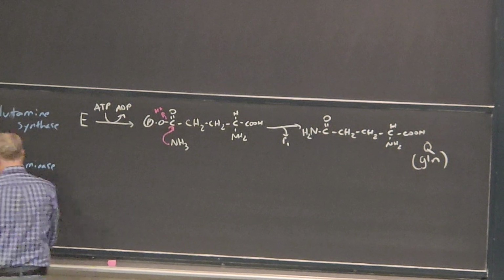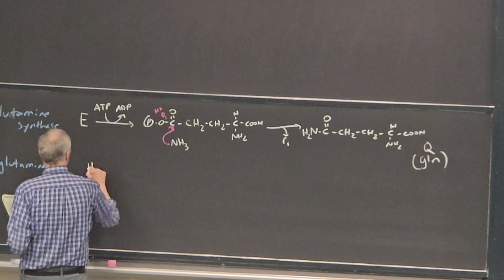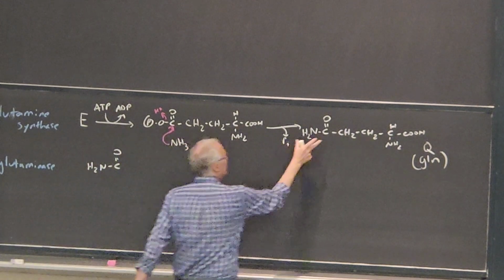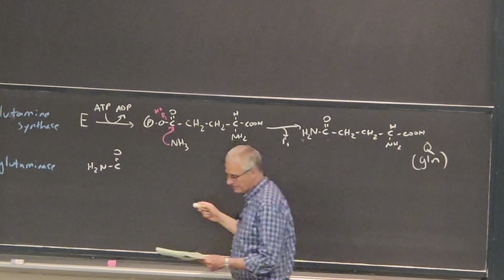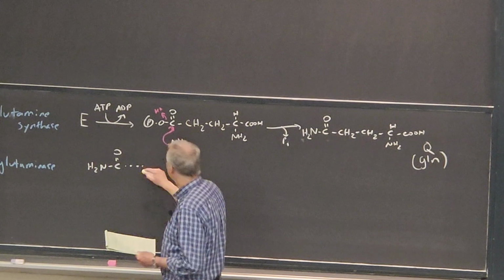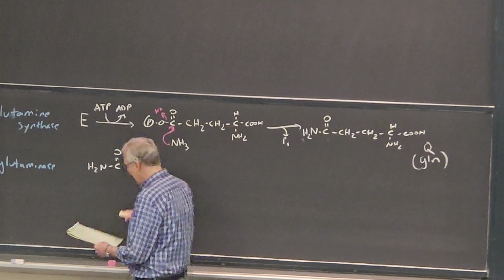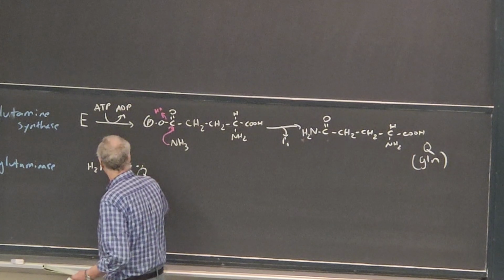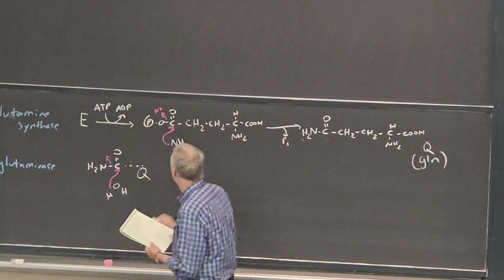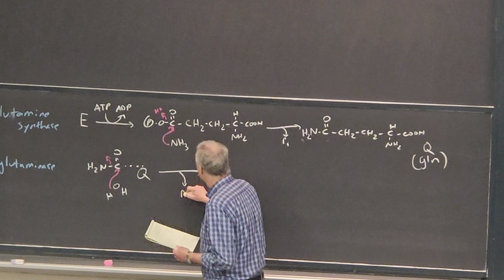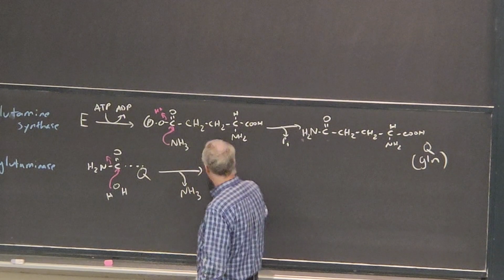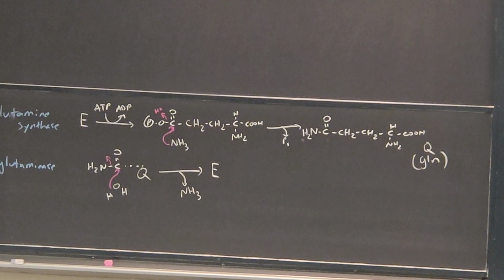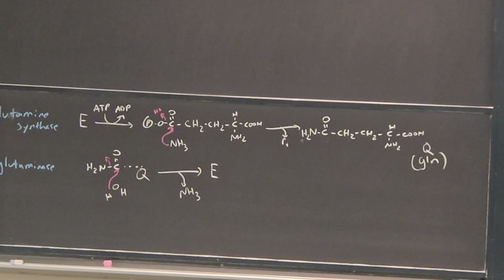Okay, so glutaminase basically, I need to redraw all this, but here, this would be this side chain here on the glutamine, and effectively just water comes along, leaves off the ammonia, right? And that'll give you, I'm not going to draw the structure, but that'll give you glutamate.